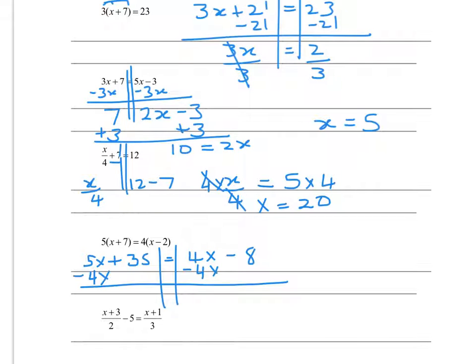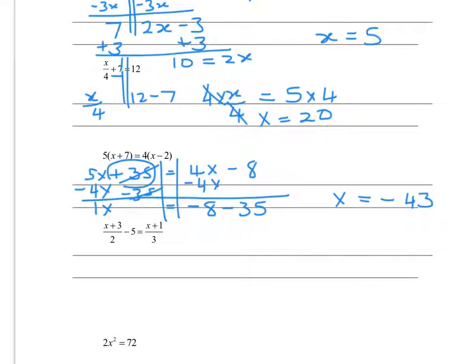Leaves me with 1x equals negative 8, and I also want to get rid of plus 35, so I'll minus 35 on both sides. Minus 35 would cancel that. So 1x, x equals a negative 8 and a negative 35 is a negative 43. Hope that's right.